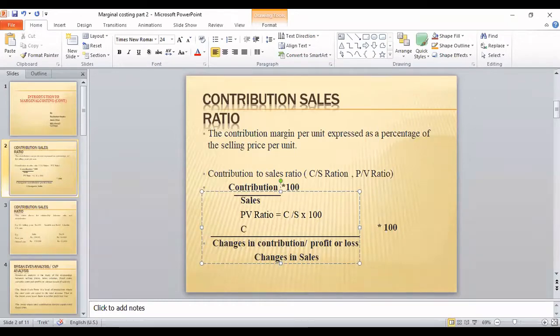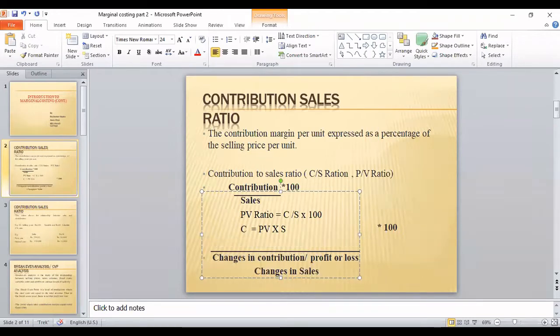Similarly, we can make other formulas also with the help of this. If I want to find out contribution, what formula can we use? How can we get the contribution? PV ratio into sales upon 100. So PV ratio multiplied by sales will give you the contribution.